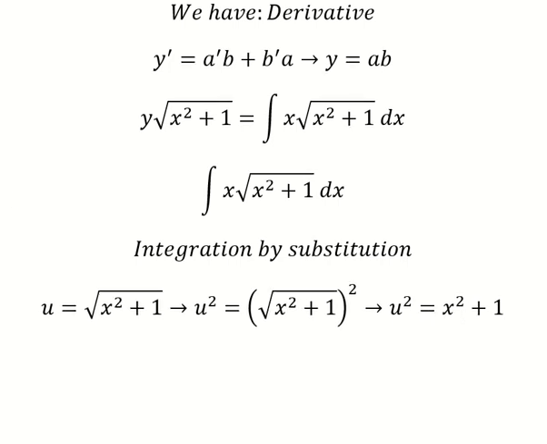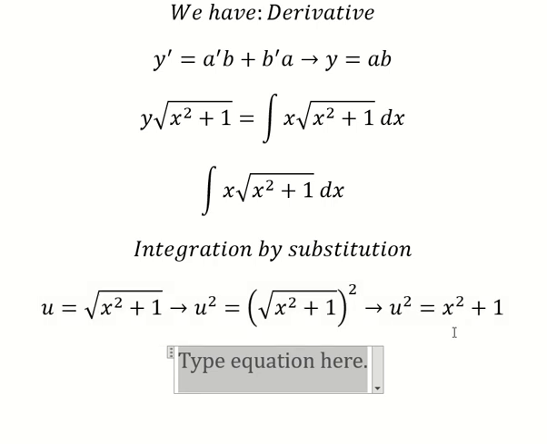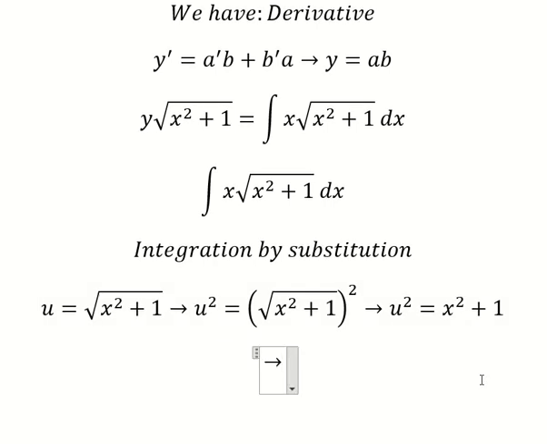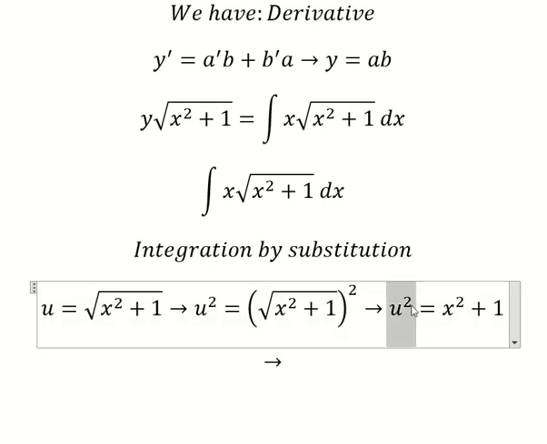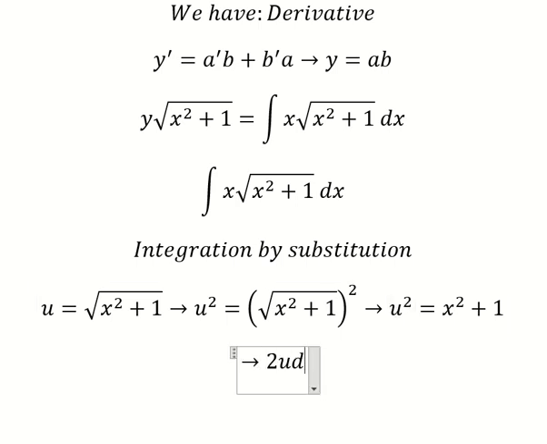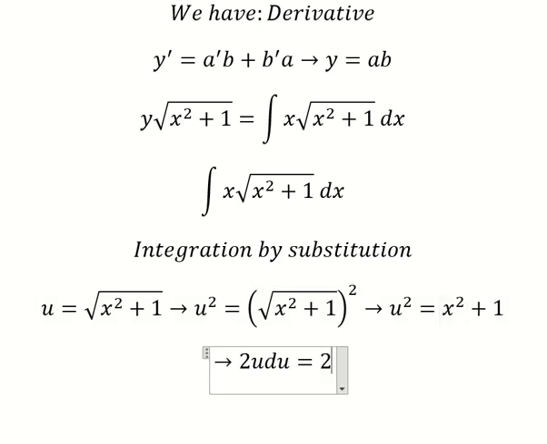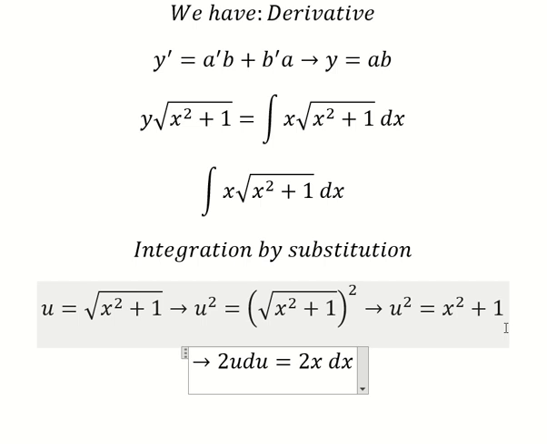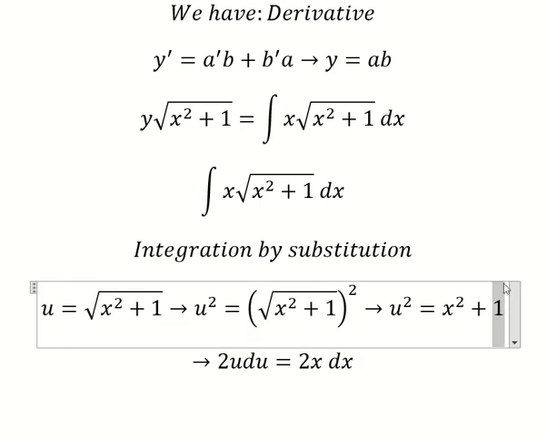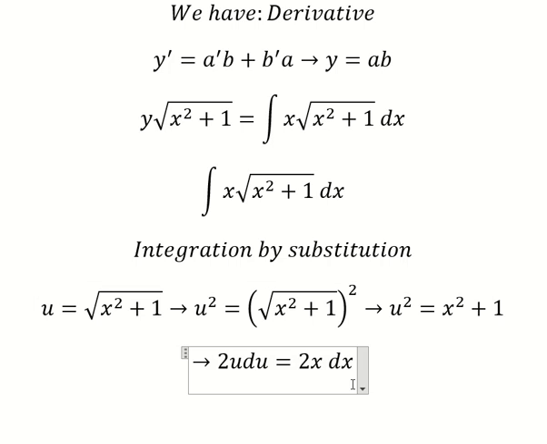Next, we need to take the first derivative of both sides. So the first derivative of u squared is 2u du. This one is 2s ds. Number 1 is a constant, so you get 0. After that, we divide both sides by 2.